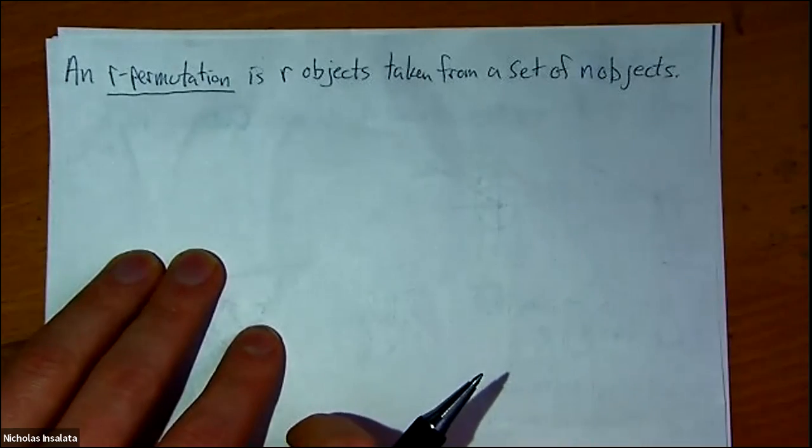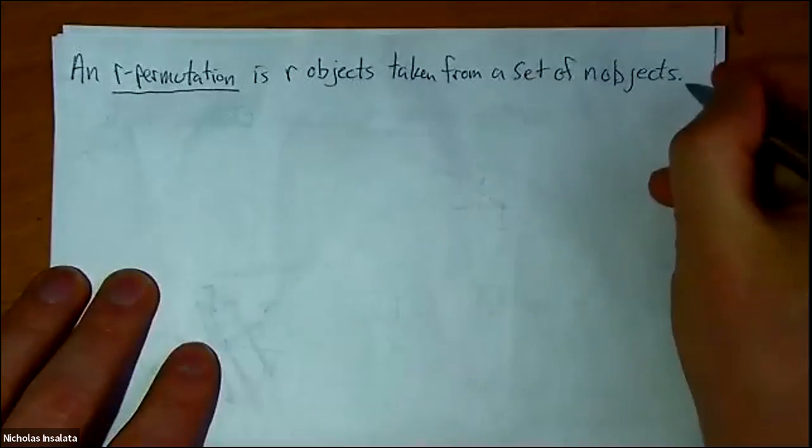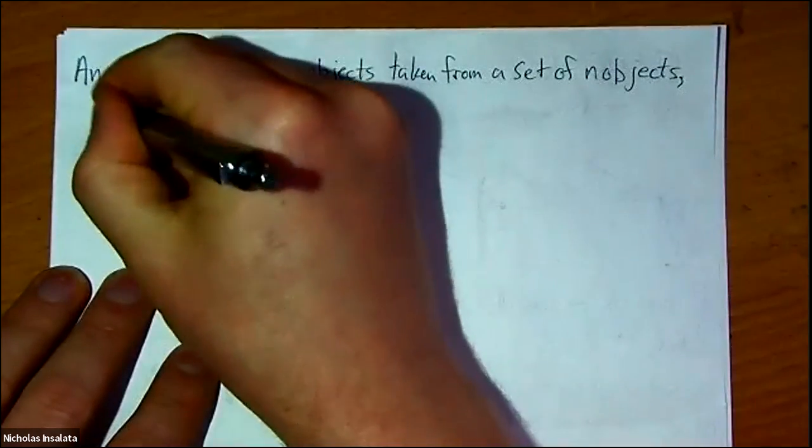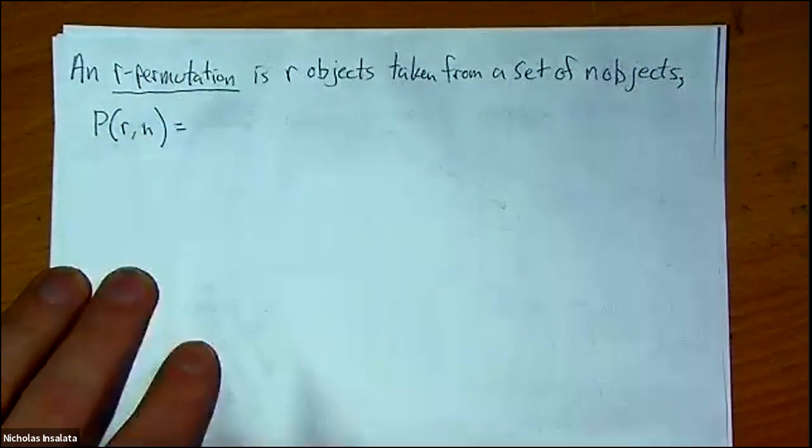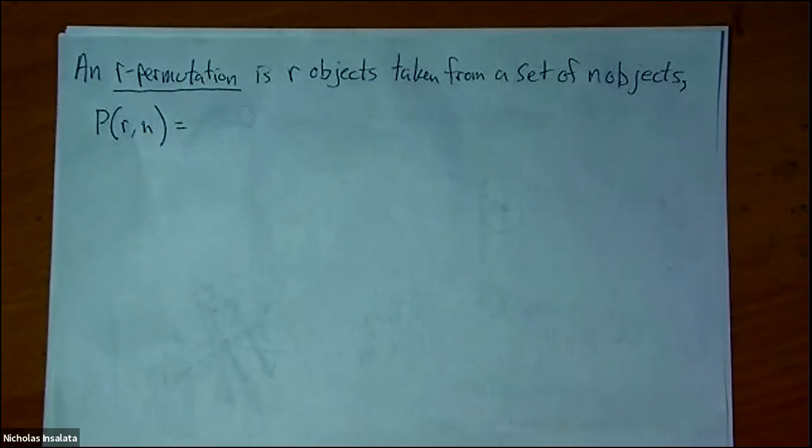And the way that you represent this, P of n, r, would be what? What formula would we want to use here?